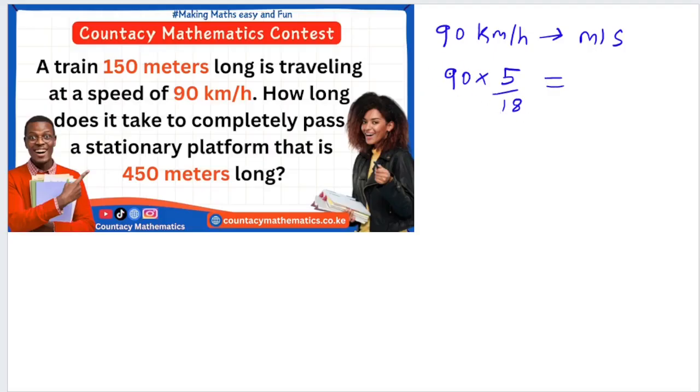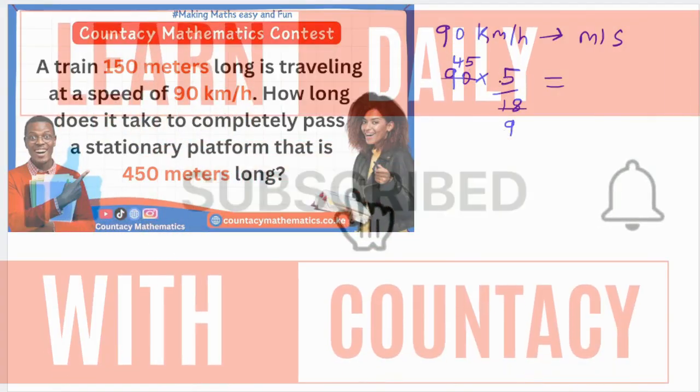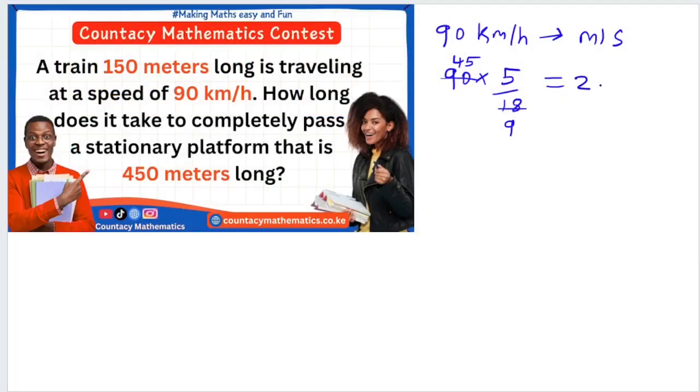Because we have 90, we can divide by 2 to get 45, and 18 divided by 2 gives 9. Then 45 divided by 9 gives 5, and 5 times 5 gives 25. So what we get here is 25 meters per second.